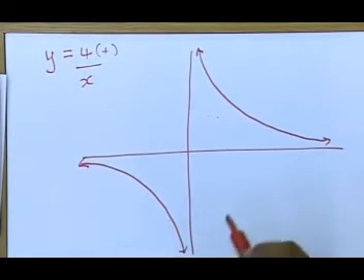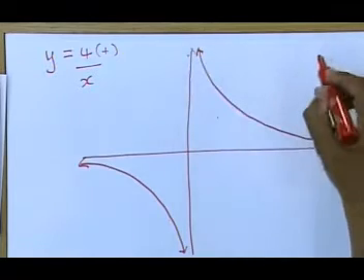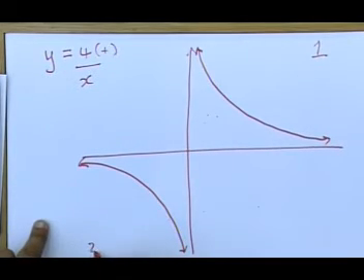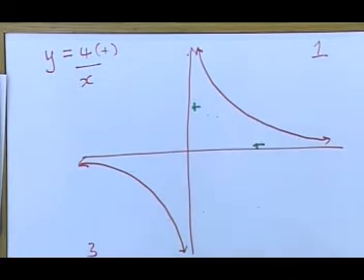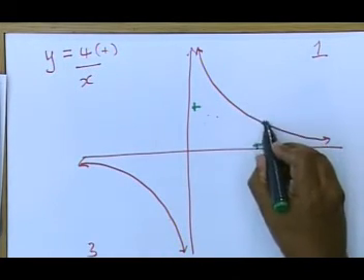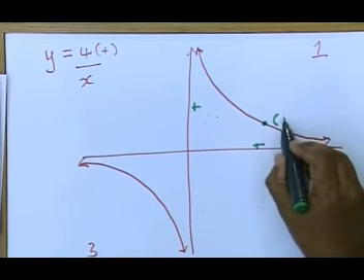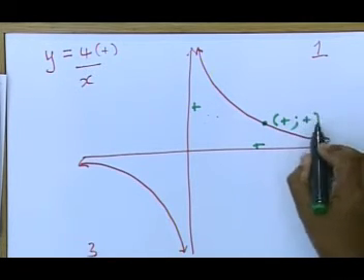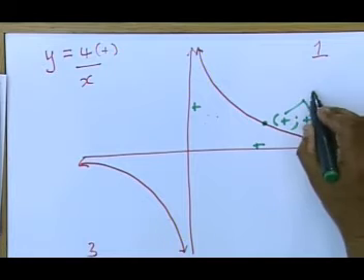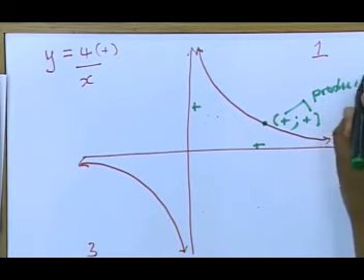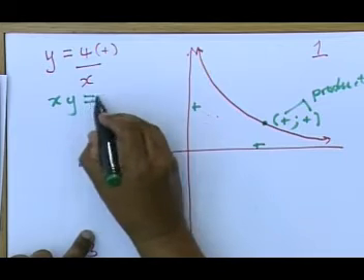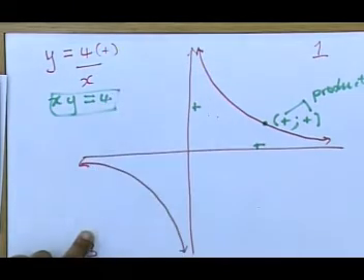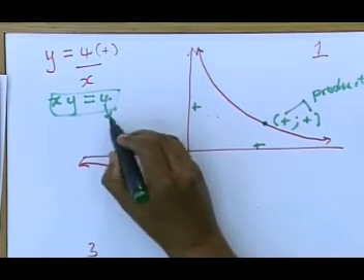And it will be placed in the first and the third quadrants. Why? Because in the first quadrant, any point that you have on that branch has x as positive and y as positive, and when I multiply that, because if I say y is, then it also means x times y is. Therefore, that answer needs to be positive.